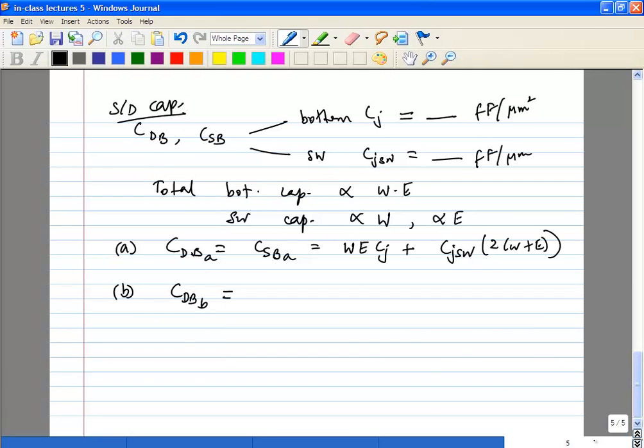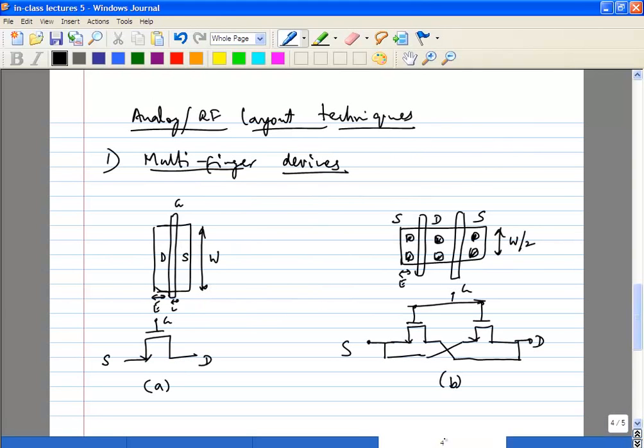Okay, what is your CdBB? Width is W over 2. So you have W over 2, right, times, let's say this is still E. So it's proportional to that area, W over 2 times E, and Cj is the constant for that process.